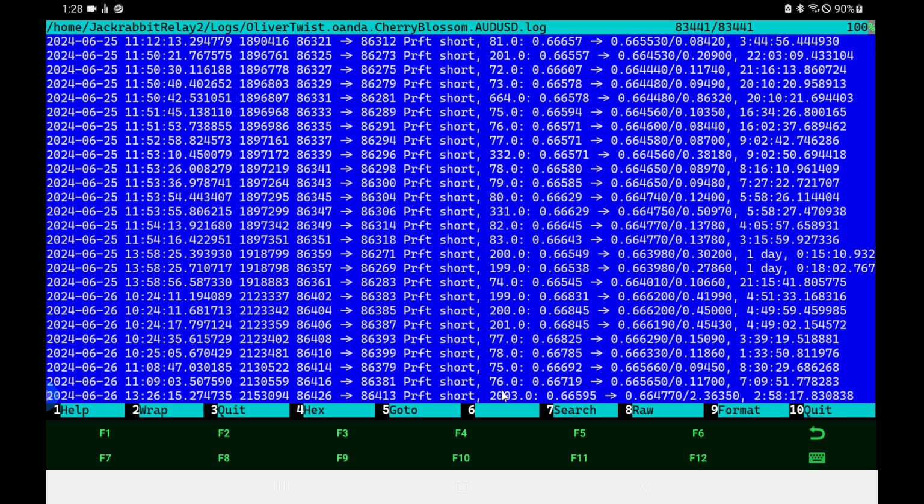For example, 2,000 units brought in a $2.36 profit, whereas a layer of only 80 units only brought in 13 cents. So you begin to see at the profit level how the interactions and how the overlays begin to really play together with each level and layer.